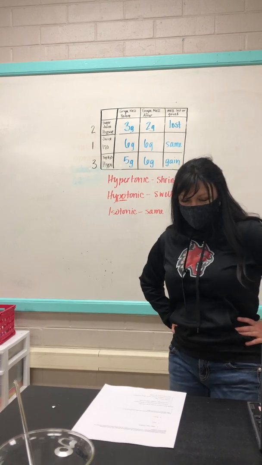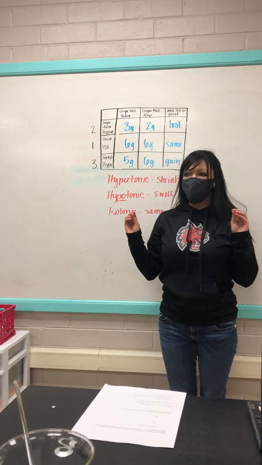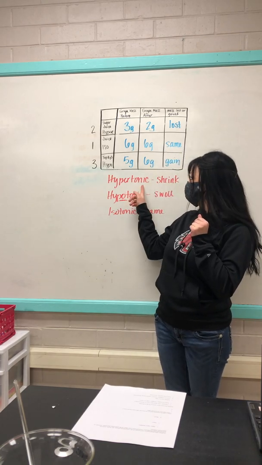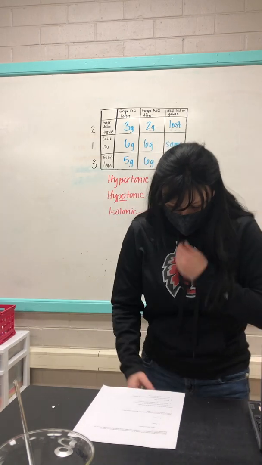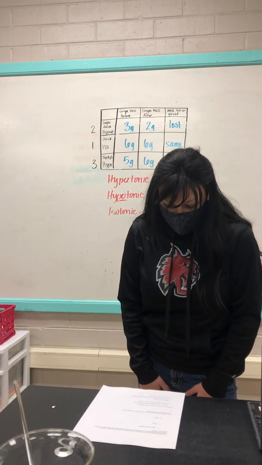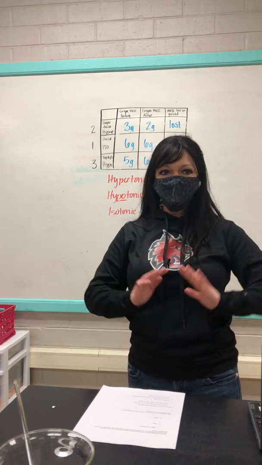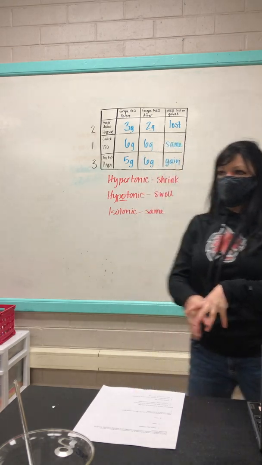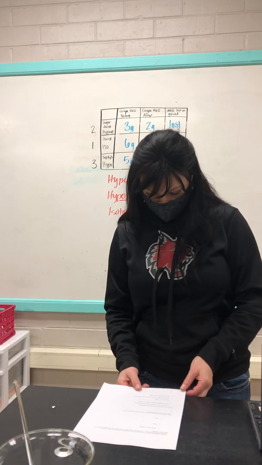A person getting wrinkly in a pool. If you're getting wrinkly in a pool, is water coming in or out? It's going out. Out, so that would be hypertonic. It's making your cells shrink. Putting salt on a slug. Kills it. Yeah, it does kill it, because water goes out. Water is being pulled out of the slug, so it's making its cells shrink.